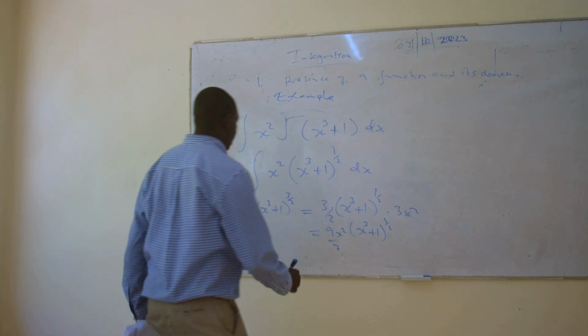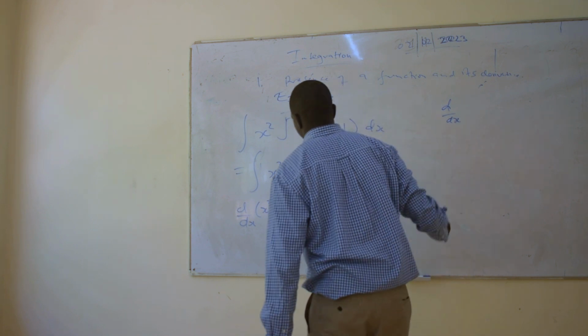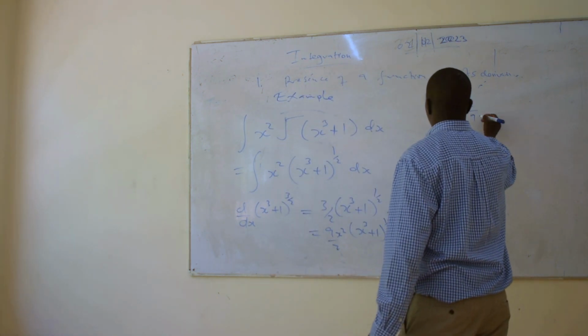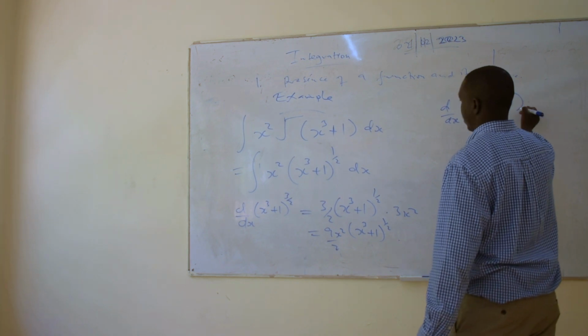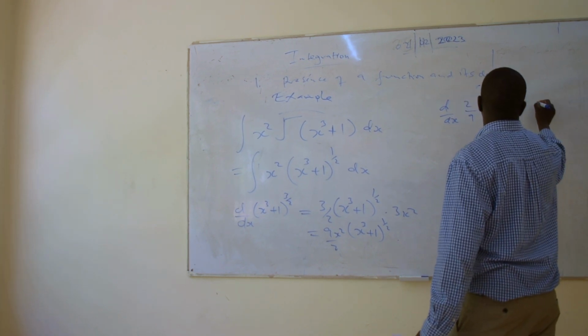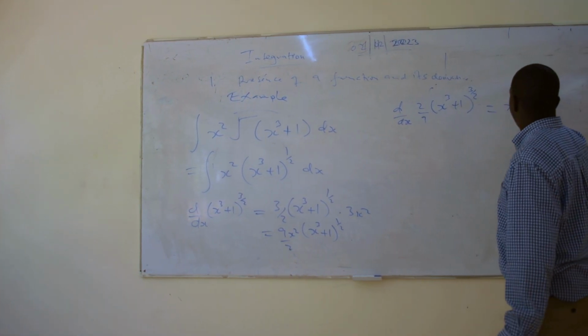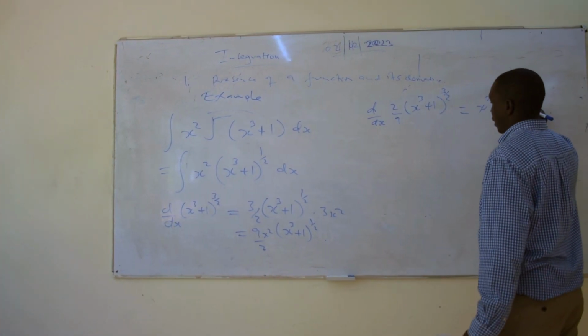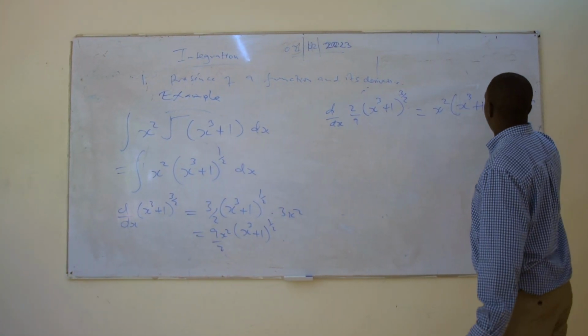It therefore means if you differentiate 9 over 2 times x raised to power 3 plus 1 raised to power 3 over 2, you have x squared in bracket x raised to power 3 plus 1 raised to power half.